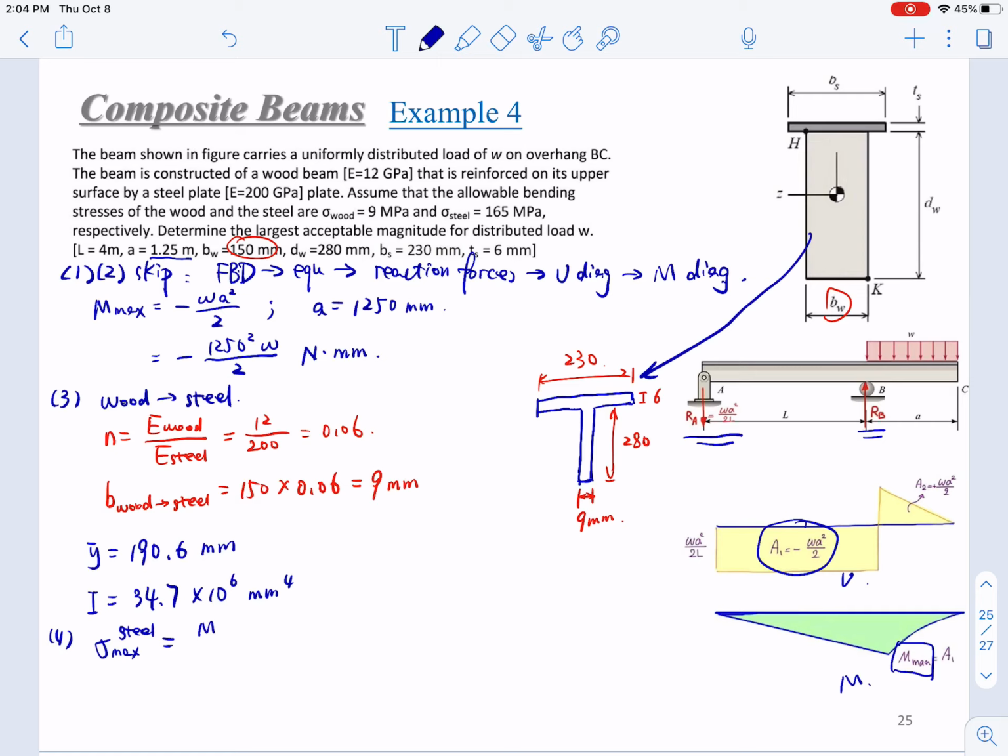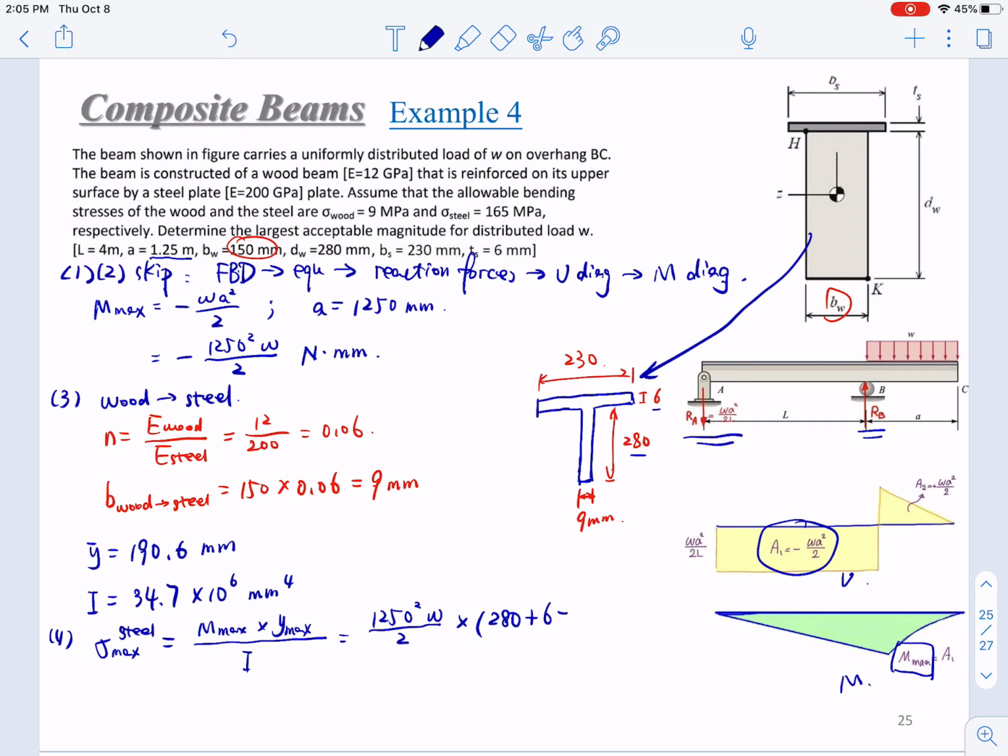This will be maximum bending moment times y max or c top over the I. This will be 1250 squared W over 2 times the y max. Y max is 280 plus 6 minus Y bar.